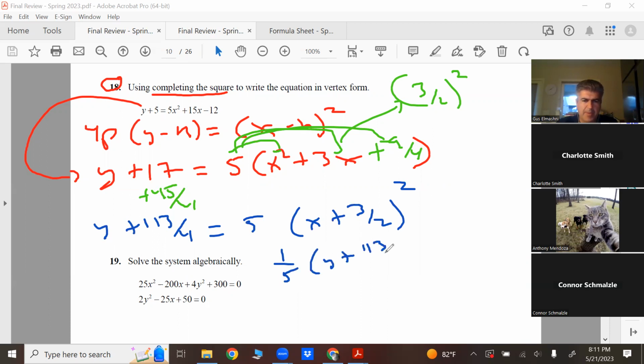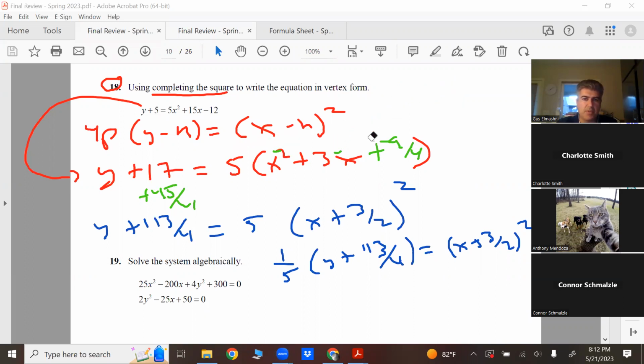I'm not going to give you something this wacky on the final. Those numbers are just way too out of control. But that's how you would get it to look like the standard form of a parabola. So the vertex would be (−3/2, −113/4), which is kind of weird. And then your P represents the distance between the vertex and the focus.